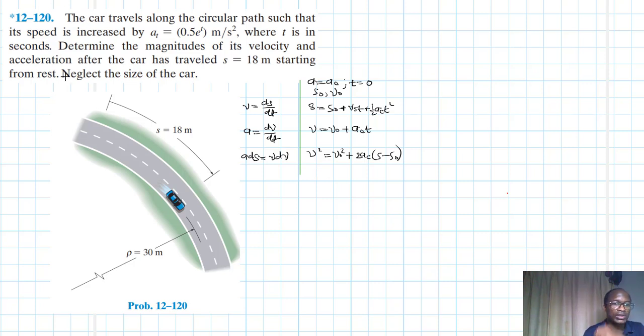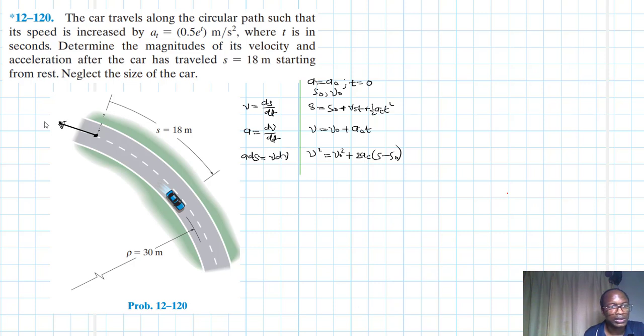So let's imagine this is the point we are looking at, and let's say we have our velocity here, tangential, like so.